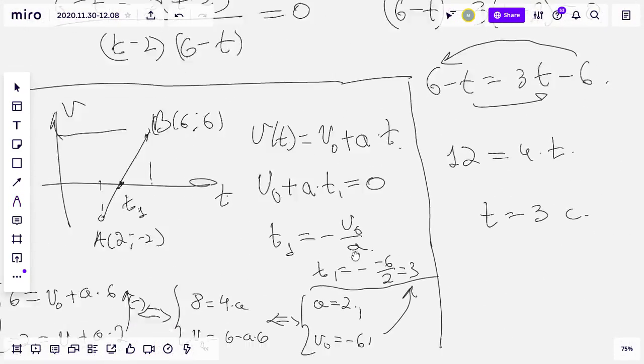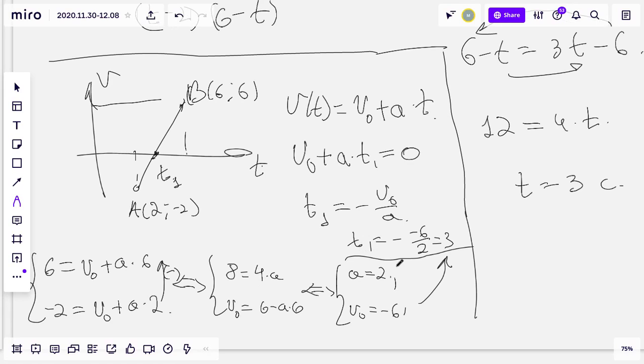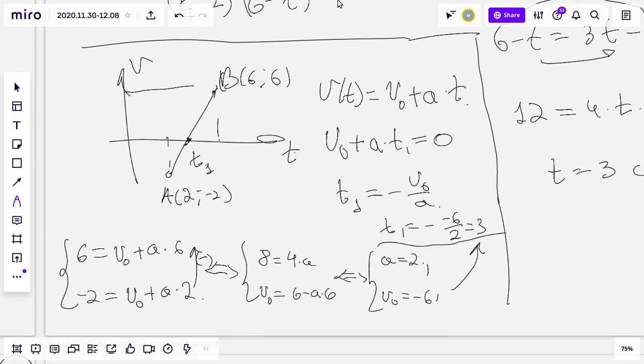This solution, where we express velocity as a function of time, is more common and useful in future. Thank you for attention. If you have a question, you can ask me.